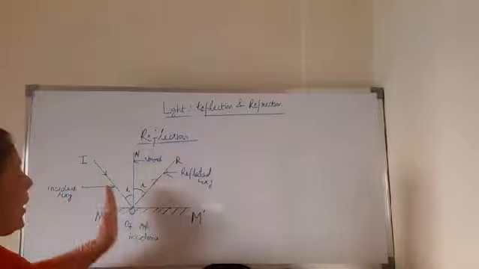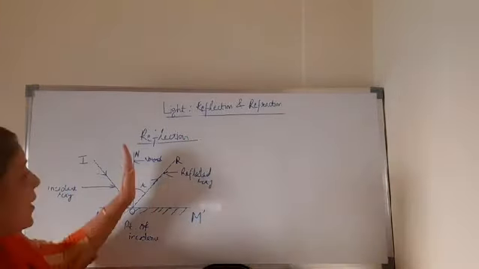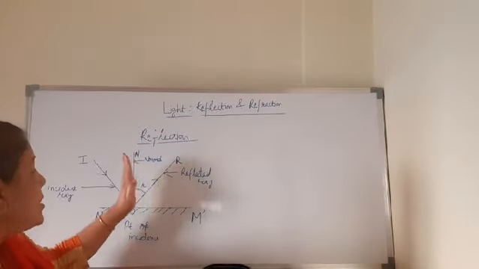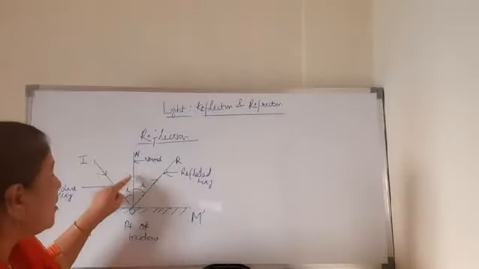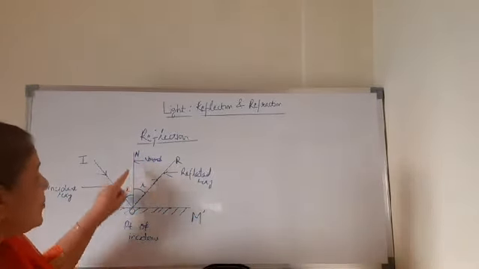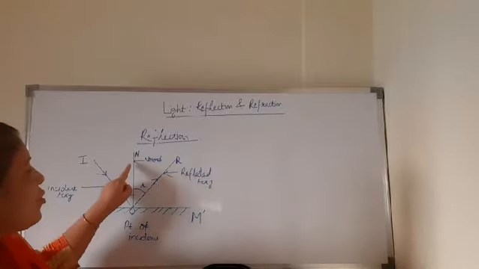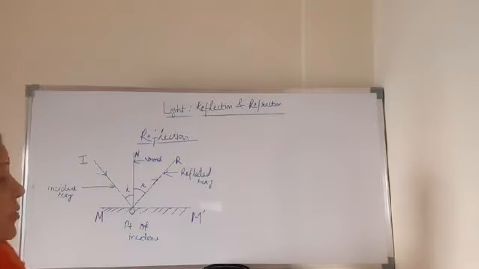This ION is the angle of incidence. Please take ON as a reference line. So the angle between the incident ray and the normal is referred to as angle of incidence, whereas the angle between the reflected ray and the normal is referred to as angle of reflection. I don't think there is any confusion in it.